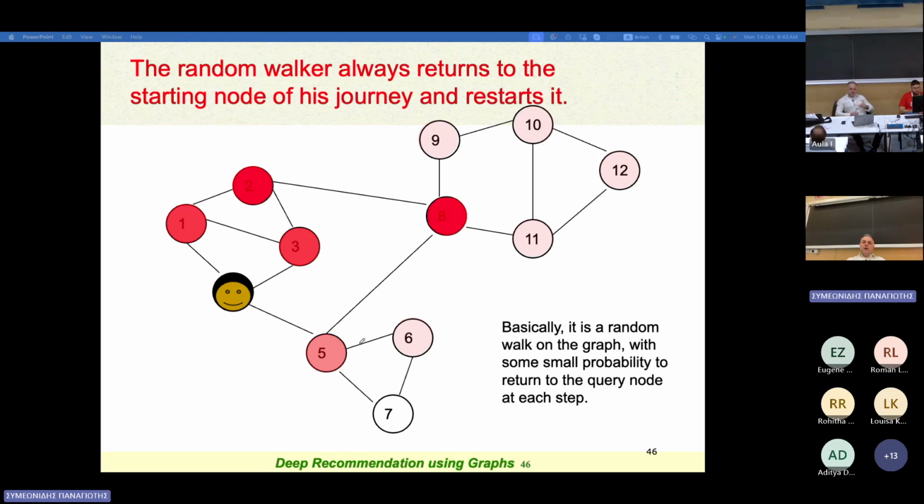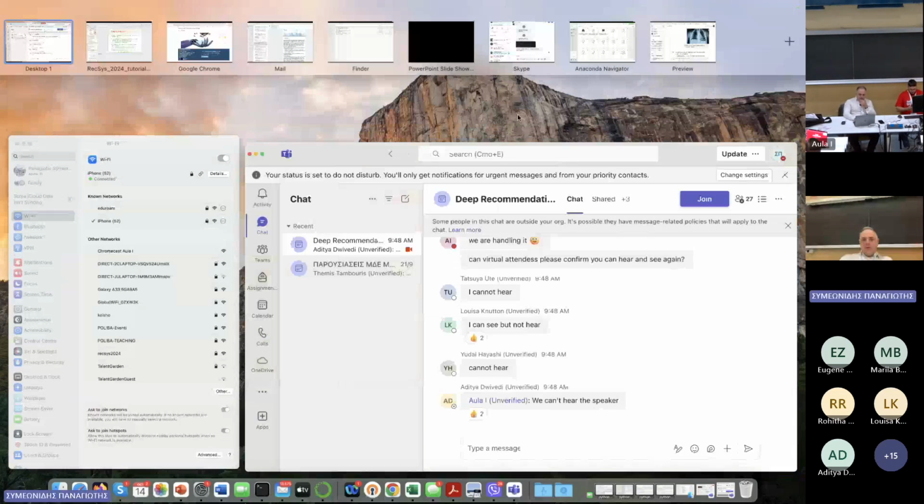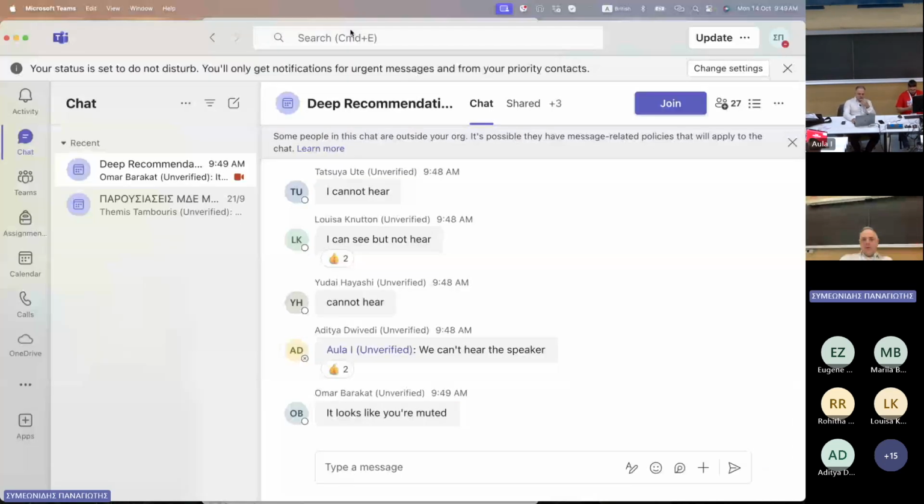So here node 4 is the starting node, and as you can see, the random walker starts its traversal and returns. So yeah, and now we have the computations.